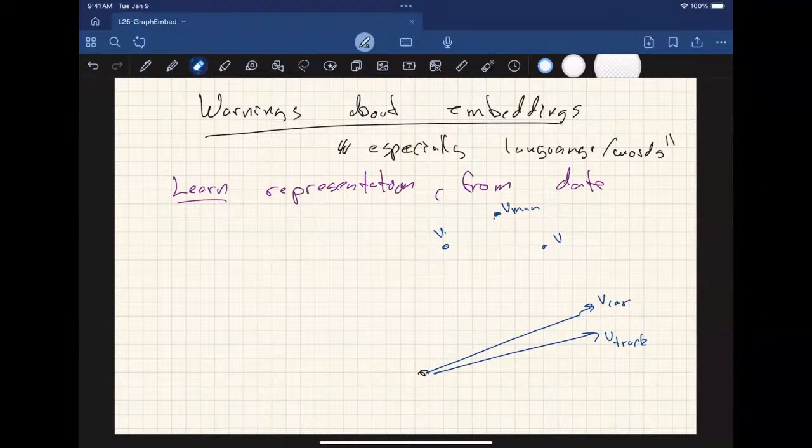So I'm going to learn a royalty vector. Okay, and now I can apply this royalty vector onto woman.